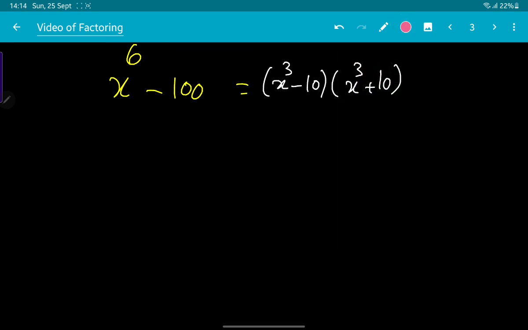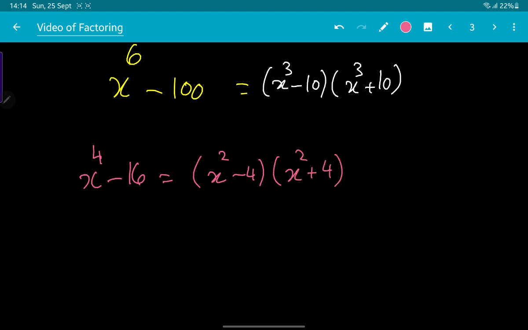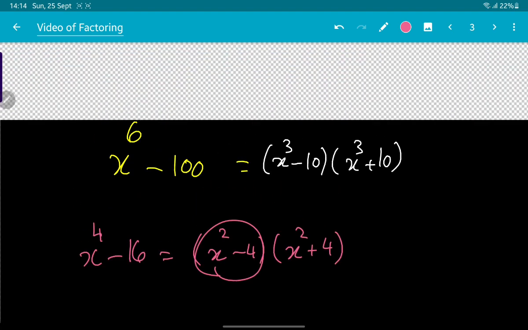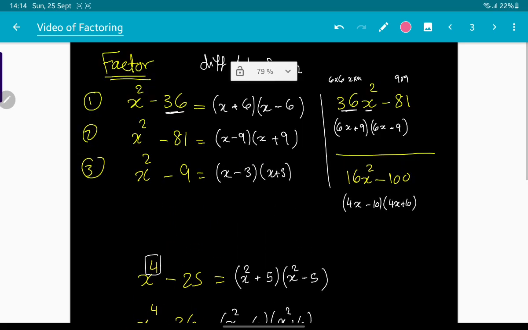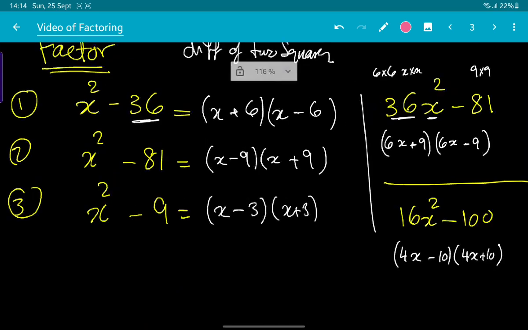Let's try this new one. If we have, for example, x power 4 minus 16, you can say that this will be x squared minus 4, x squared plus 4. Can you see that we can take this from the beginning, x squared minus 4, as we did here.